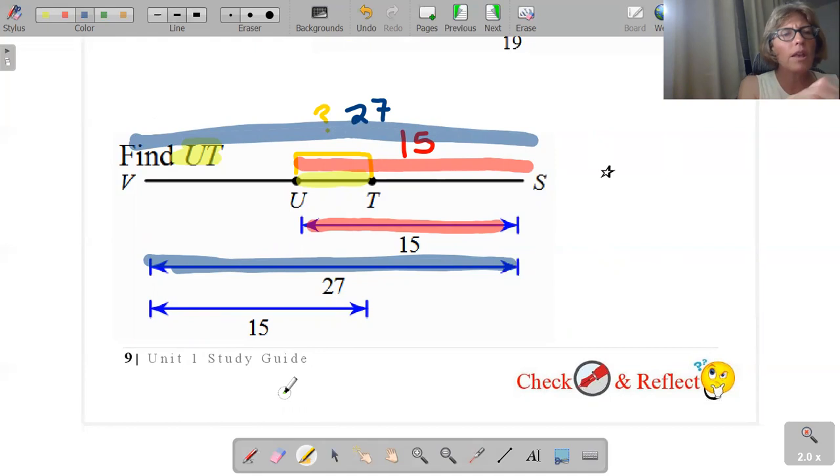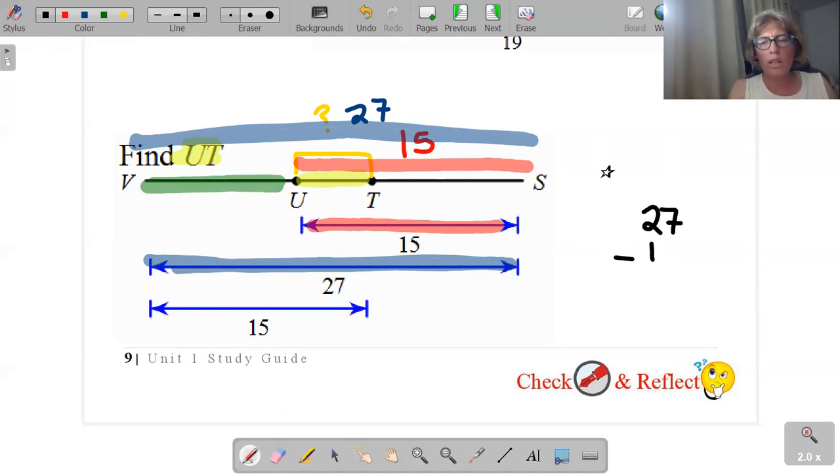And you see that you can subtract the 15 away from the 27 and you can get this green. So 27 minus 15 is 12. So we get 12 for the green.